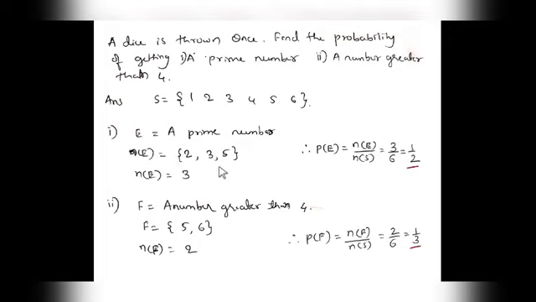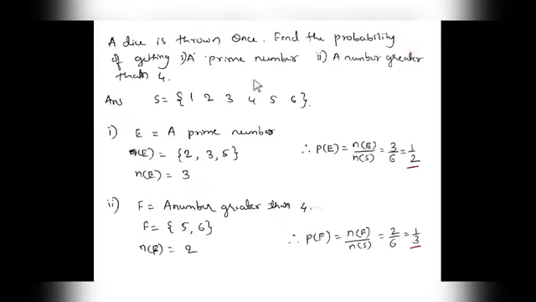Then E is equal to 2, 3, 5, the prime numbers present in this. Number of elements in E, n of E, is equal to 3. Therefore, probability of E is equal to n of E divided by n of S according to the definition. That is, n of E is 3 divided by n of S, the number of elements, which is 6. 3 divided by 6 is equal to 1 by 2.